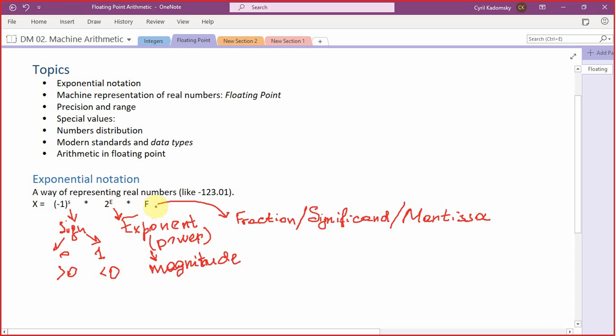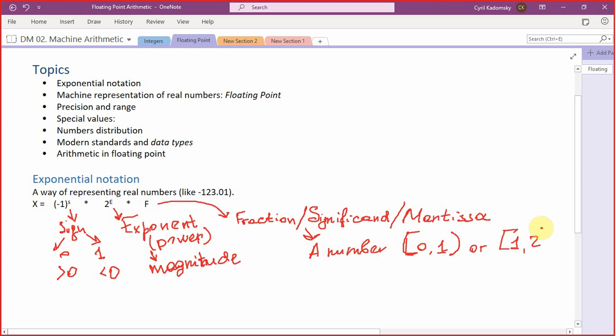Okay, and finally the fraction is a simple number between 0 and 1, 1 not included, or between 1 and 2.